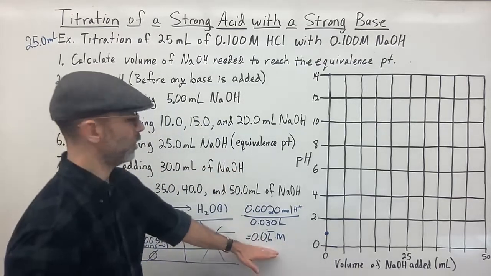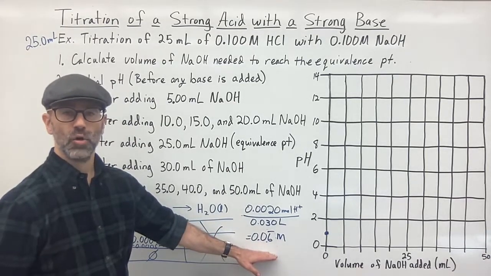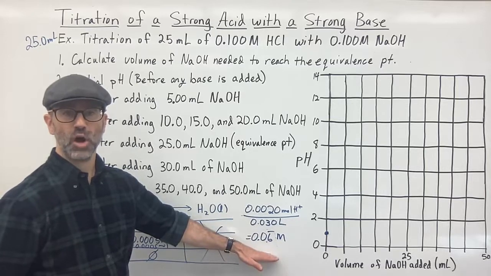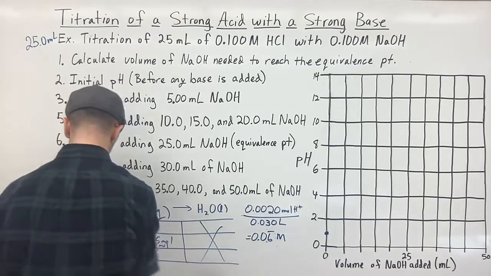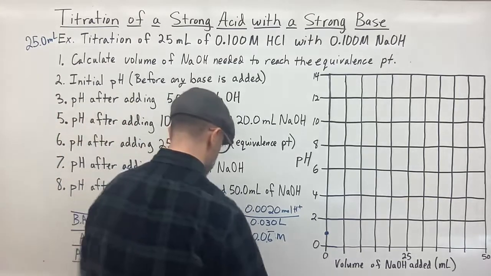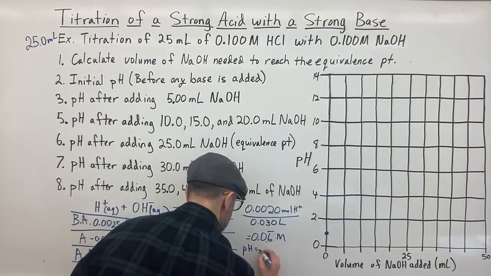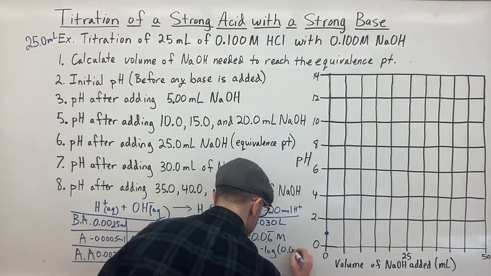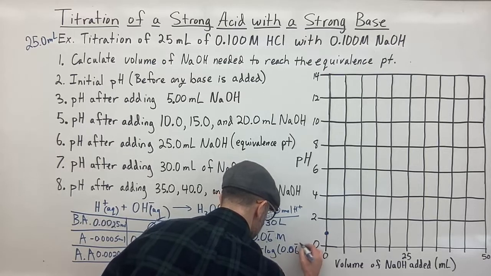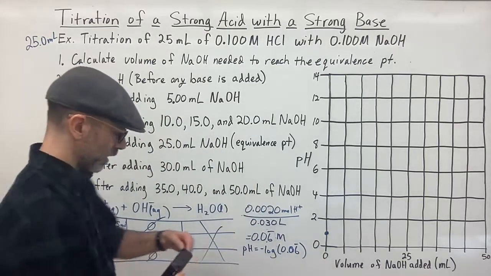That's the molarity of our H plus concentration after adding your 5 milliliters of the strong base. So now we can take this concentration and say pH is equal to the negative log of 0.0666.